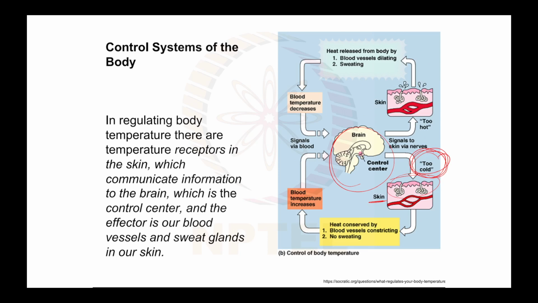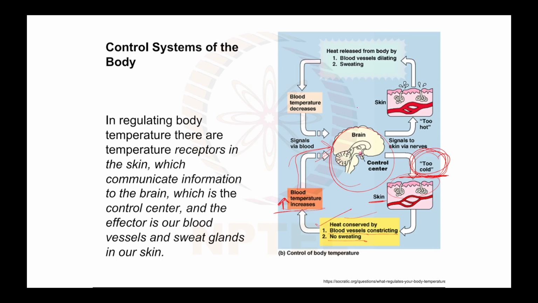So heat is conserved by blood vessel constriction and by inhibiting sweating. Once the signal of feeling cold is received, the blood vessels get constricted and also prevent sweating. When the blood vessels get constricted, the temperature in the blood increases, and then the signal reaches the brain, and that's how equilibrium is achieved.